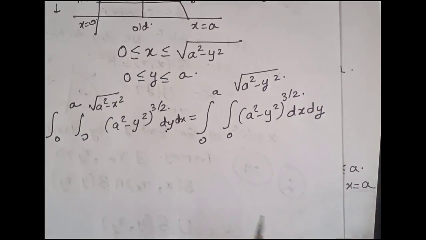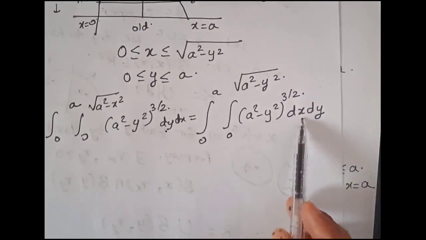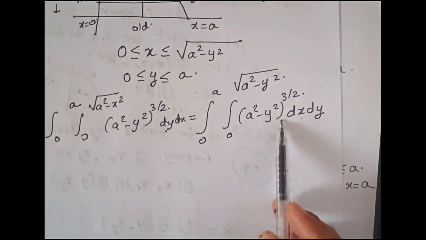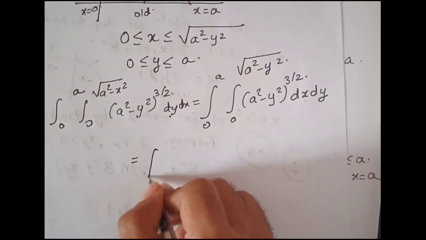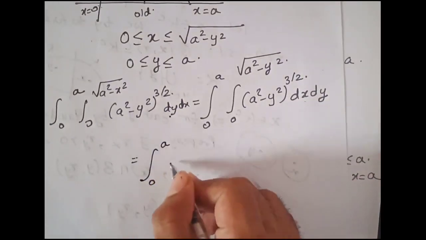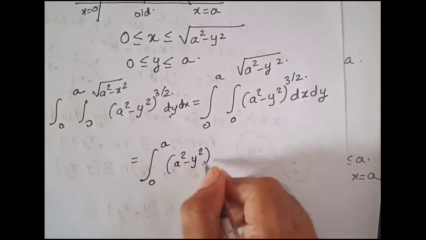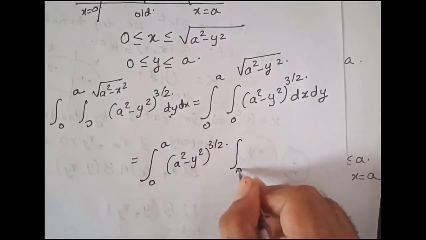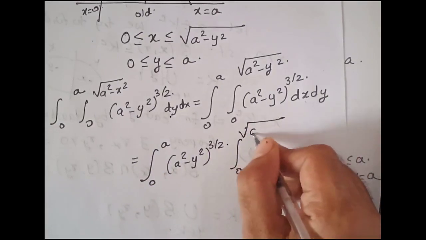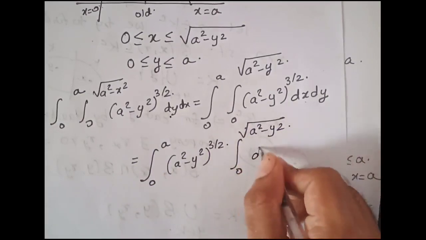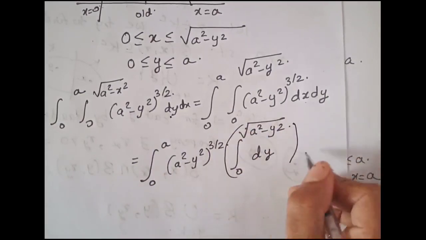Okay, so this is a variable y and integration with respect to x, so this will be treated as a constant, so this will reduce to 0 to a, a square minus y square raised to 3 by 2, integration 0 to square root of a square minus y square dx, and dy.